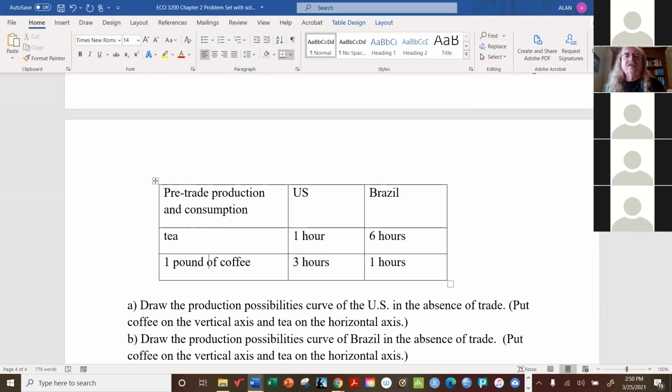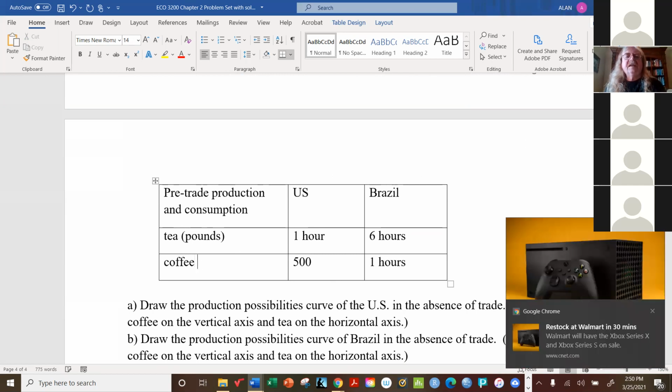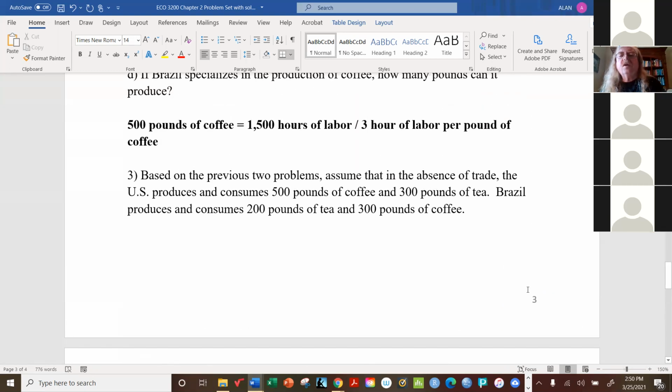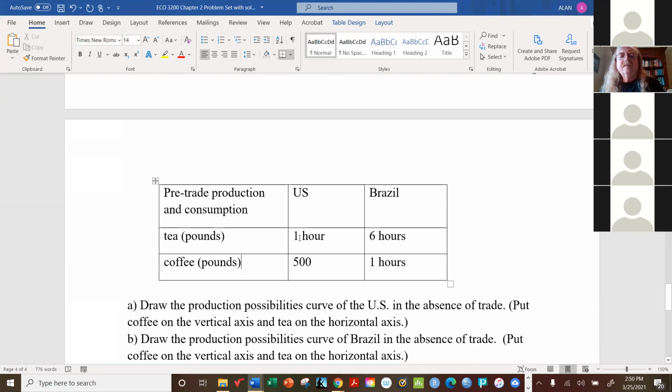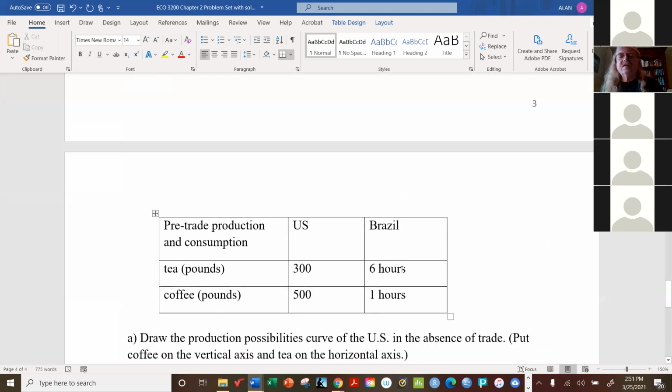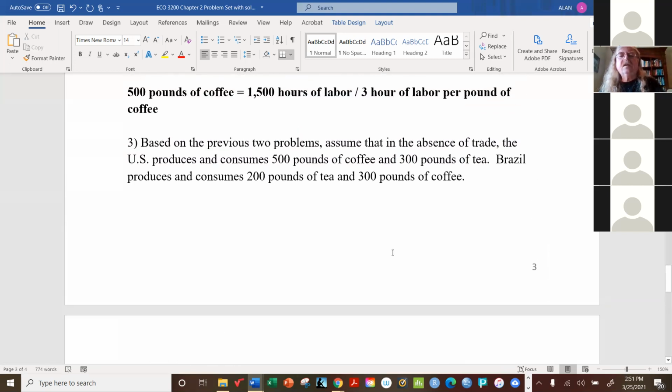These are all pounds, just to keep it simple, since it gets very confusing when we have different units. So the US can consume and produce 500 pounds of coffee and 300 pounds of tea, while in Brazil, they're producing and consuming 200 pounds of tea and 300 pounds of coffee.